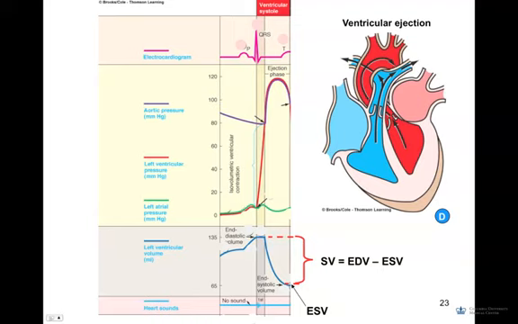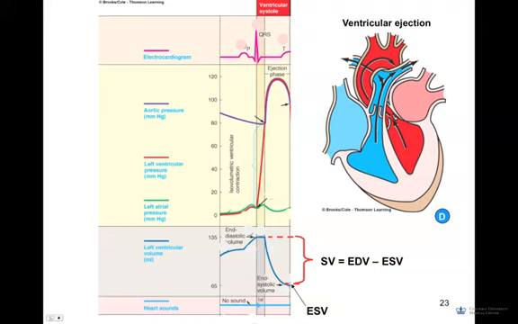Eventually, this ejection phase is going to end. It's going to end when the ventricles stop contracting, when systole ends. Now, the volume at the end of systole, end systolic volume, represents the relative empty phase of the ventricles.